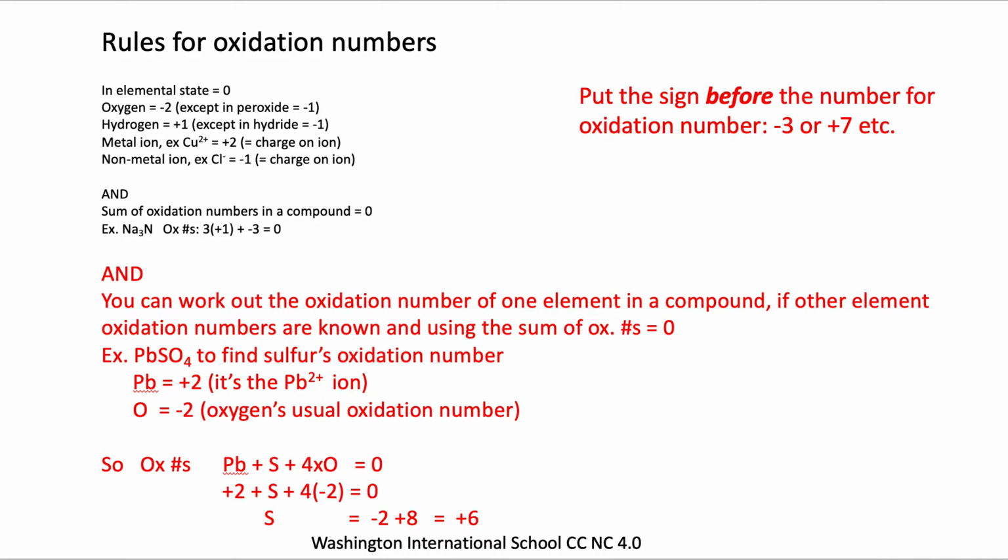And so if we don't know sulfur, we can work it out. +2 plus sulfur plus 4 lots of -2 for the 4 oxygens equals 0. And sulfur, when you do the arithmetic there, comes out as +6 for the oxidation number of sulfur in lead sulfate. They can be different numbers in different compounds.